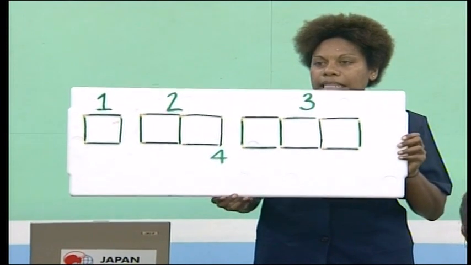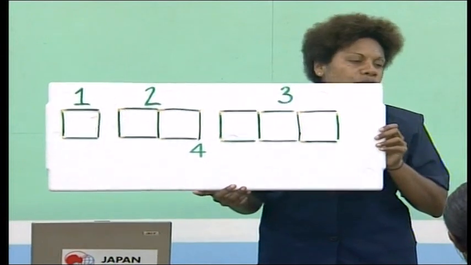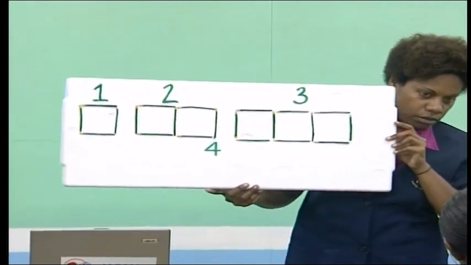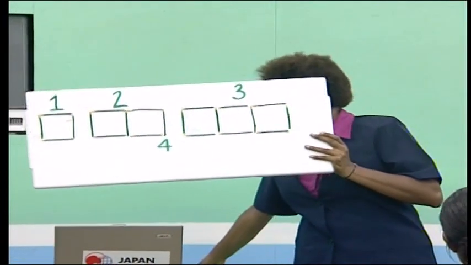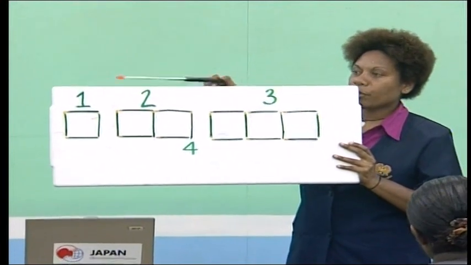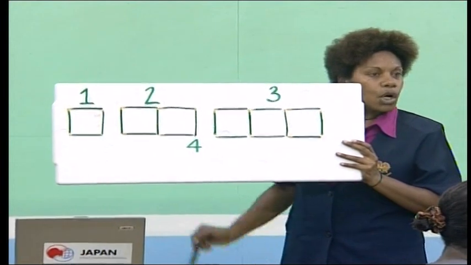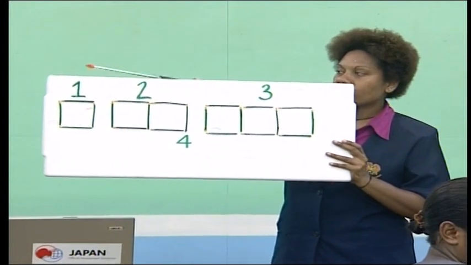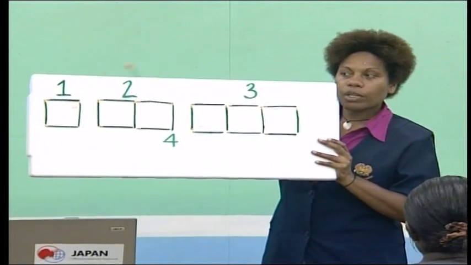By looking at this pattern, I'd like you to give the rule. Now, who can tell me what these numbers represent? 1, 2, 3.